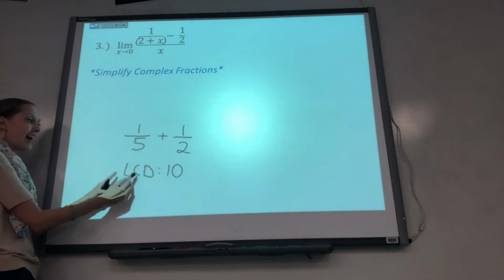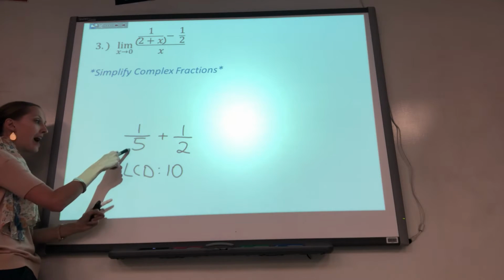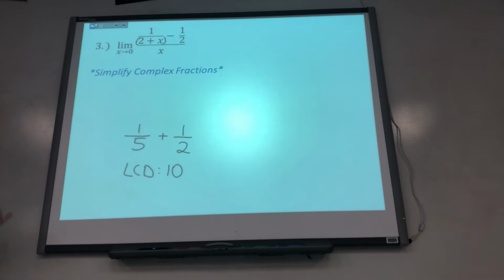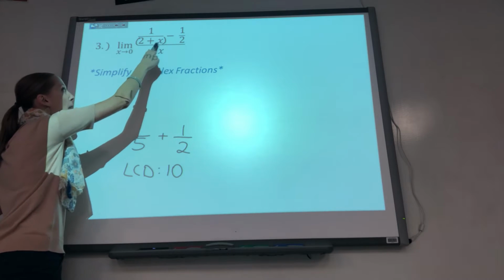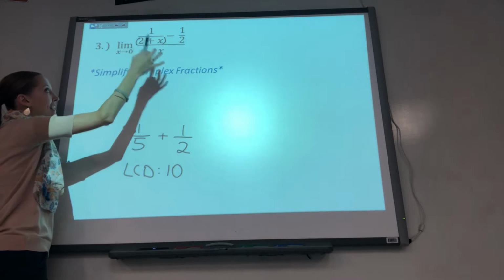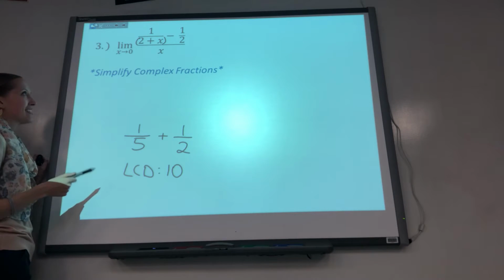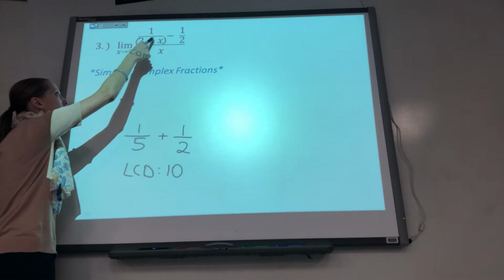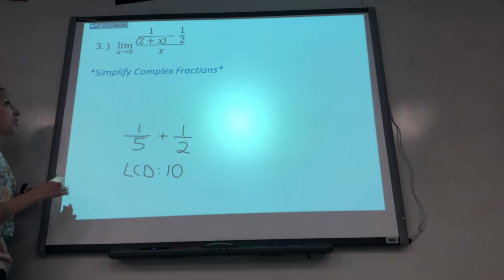To get the LCD right here, we had to take 5 times 2 because there's nothing else that they go into. It's the same idea up here. I can't get 2 to turn into a 2 plus x. Or if you think of it the other way, I can't get a 2 plus x to turn into 2. There's nothing else that they both go into.